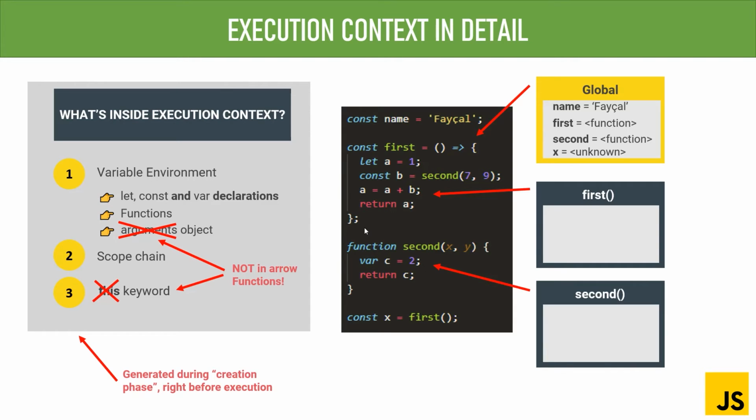For the functions, the variable environment will literally contain all the code of a particular function. Now, the value of x is marked as unknown here because this value is the result of the first function that we didn't run yet.